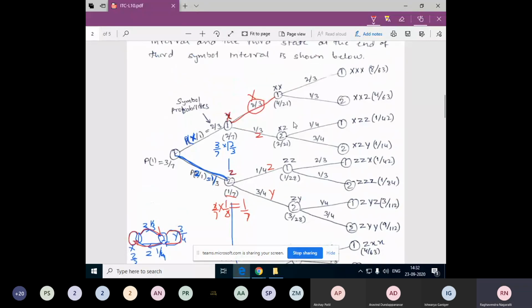So now consider the end of the second state. Already at the end of the first state we have the X symbol, and during this transition we have one more X symbol emitted. So now we finally have X and X. The symbol at the end of this state is XX. And what is the total probability of emission of this symbol?